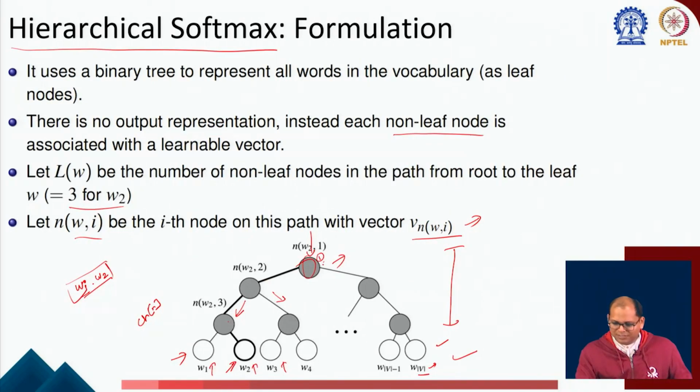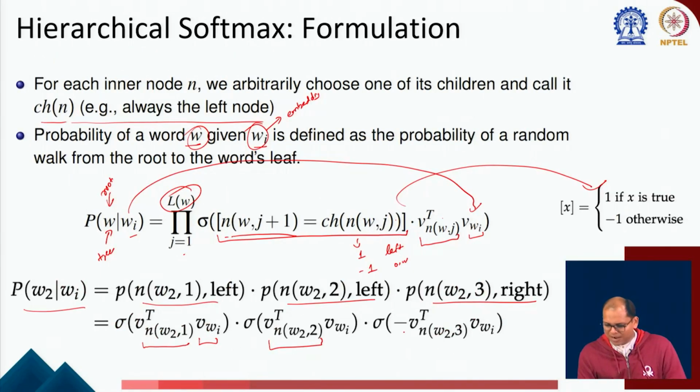So, embedding of this times embedding of Wi plus embedding of this times embedding of Wi, and here I will use a minus. So, minus the embedding of this node times Wi, and they are all sigmoid multiplications. And we know the impact of sigmoid over positive and negative things. Now, this is how you model this probability.